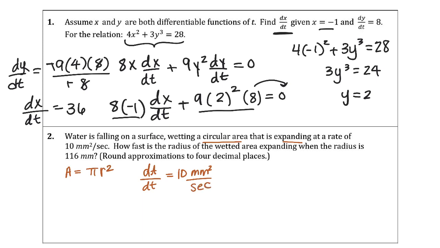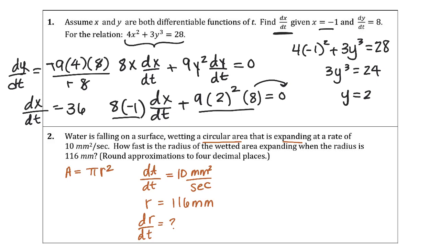And we are told how fast is the radius of the wetted area expanding when its radius is 116 millimeters. So we want to know dr/dt because we need to know how fast is that rate changing.